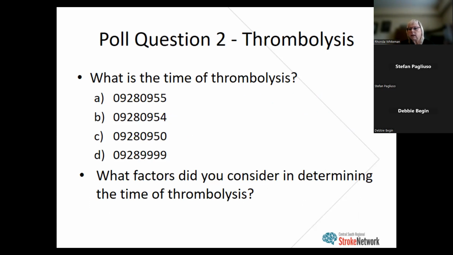Great, thanks so much. It is the time of the bolus that people consider. It is the time of bolus, not the time of the infusion.